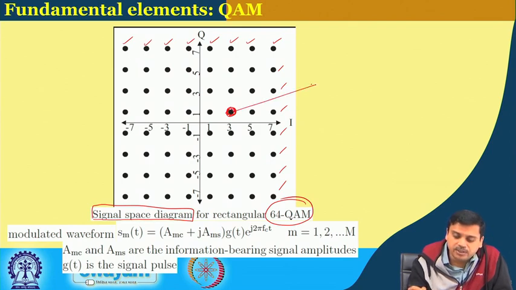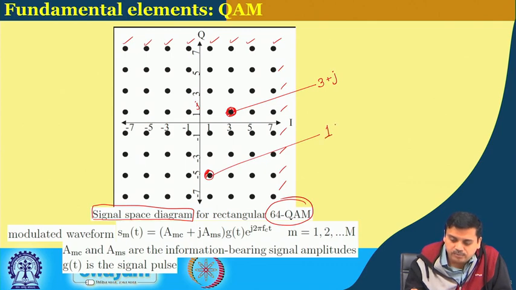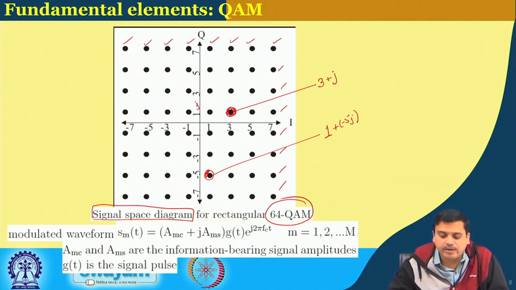This particular signal, for instance, would have the notation 3 plus j, because this is the I axis and this is the j axis, and this particular constellation point is going to be noted as 1 minus 5j.